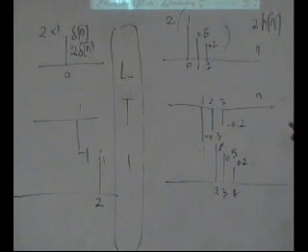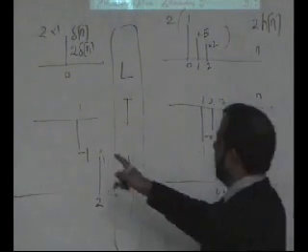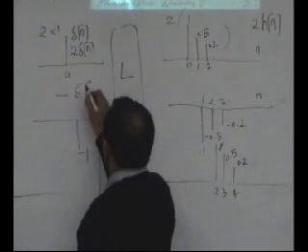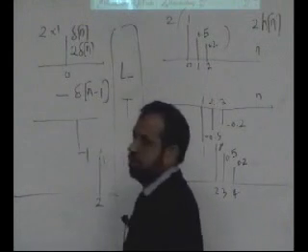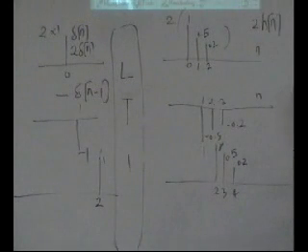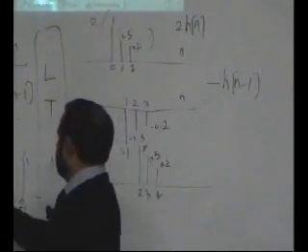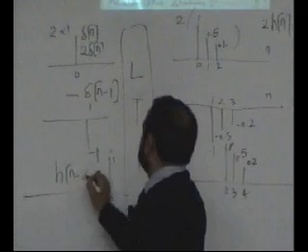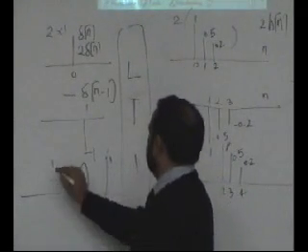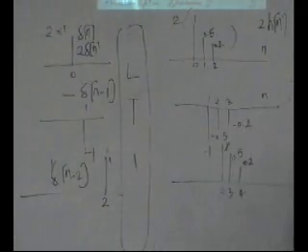So if it is 2 delta of n, then the output is 2h of n. If I put minus delta of n minus 1, what do you get at the output? Minus h of n minus 1. Okay. So if I say delta of n minus 2, what do I get here?